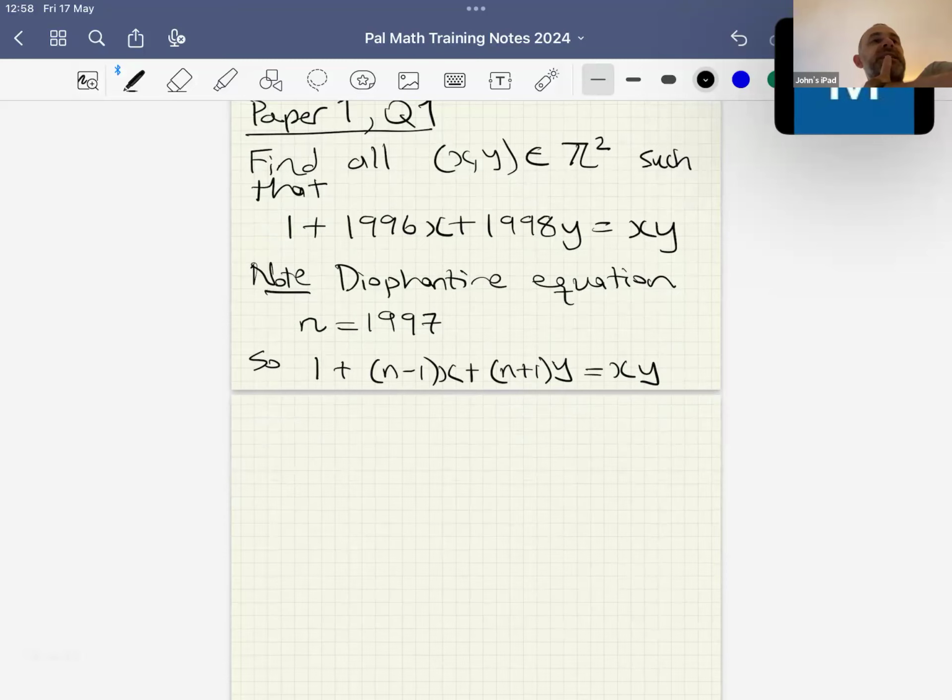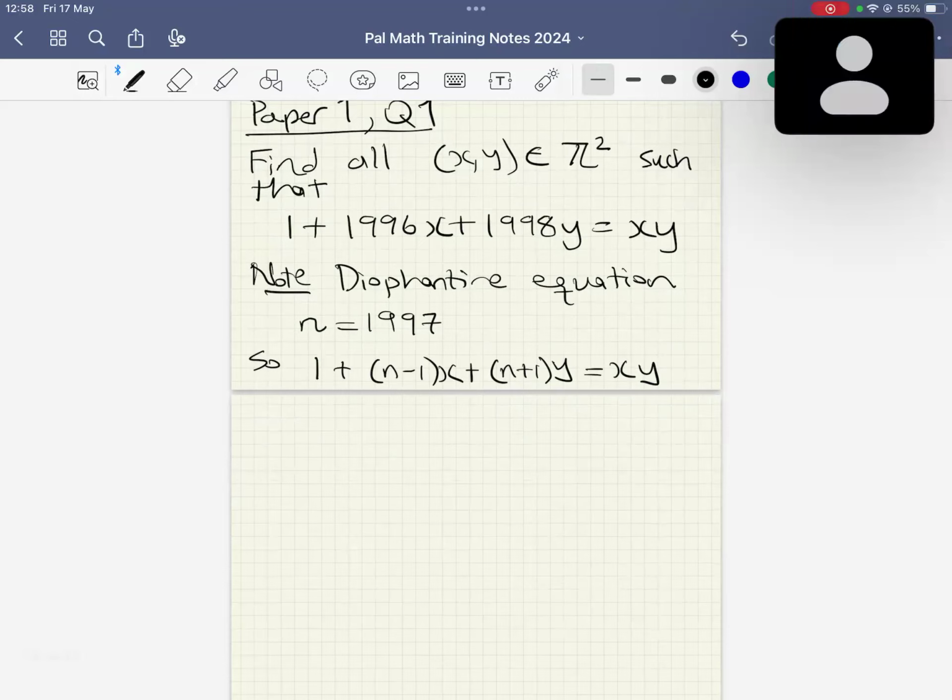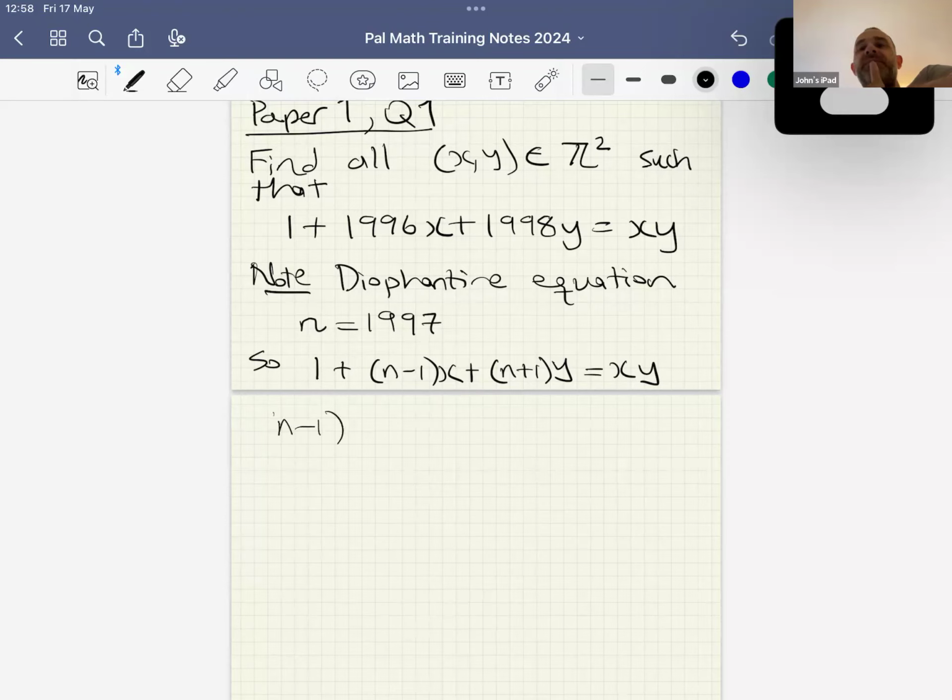Now, can anyone see a simplification? Maybe the square difference between n minus 1 and n plus 1. Certainly true.